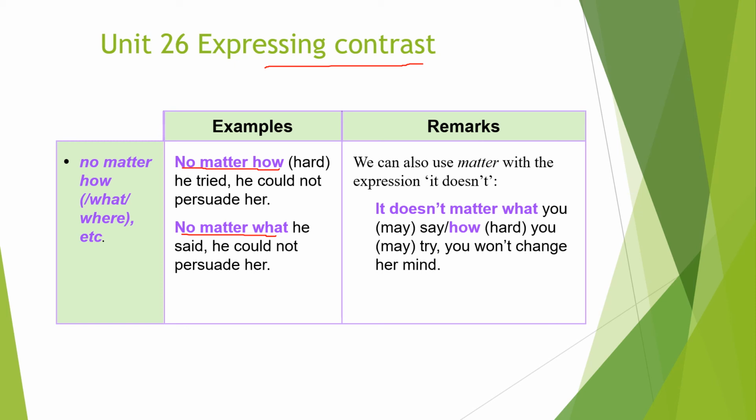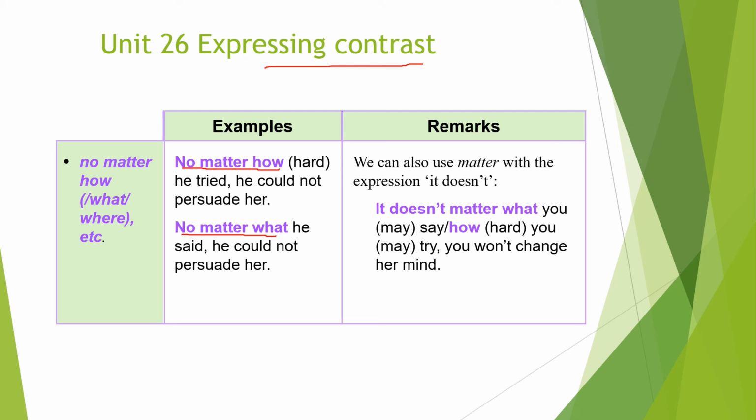No matter what is for things. No matter what he said or no matter what he did, that means I don't care what he said, it doesn't matter what he has said, he still could not persuade or convince her. Similar meaning.